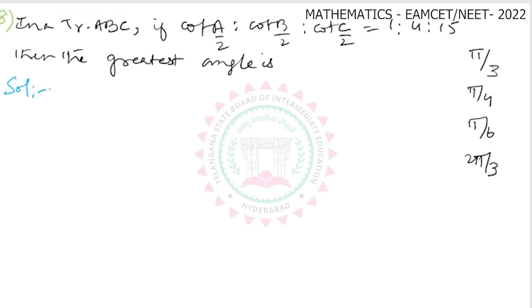If this is x given, A by 2 is to B by 2 is to C by 2 is equal to 1 is to 4 is to 15.